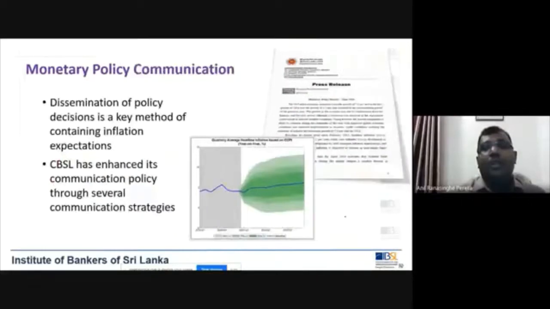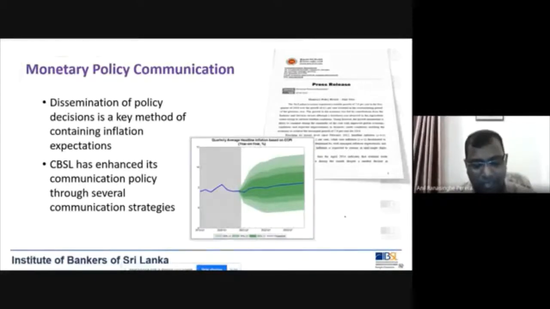Now, when the central bank takes these policy decisions, monetary policy changes, they are communicated to the market. So the central bank considers monetary policy communication an important activity in the monetary policy process.